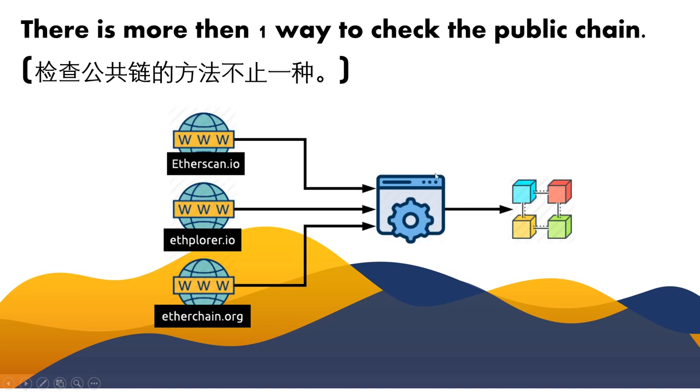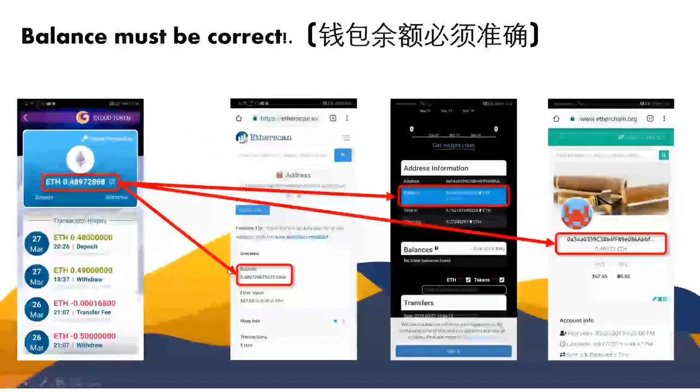Etherscan will read from the public blockchain and display the actual data. Same with ETH Explorer and Etherchain. So this is one example. Now we have a CloudToken wallet here. It shows the balance, and you check with Etherscan.